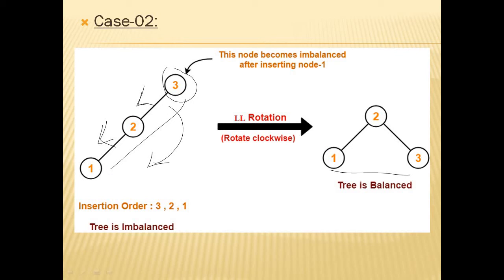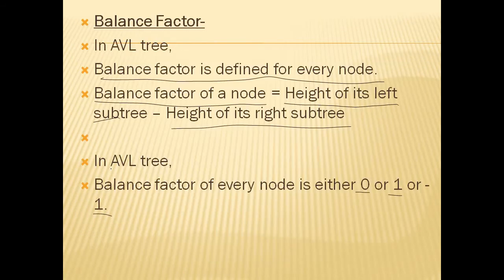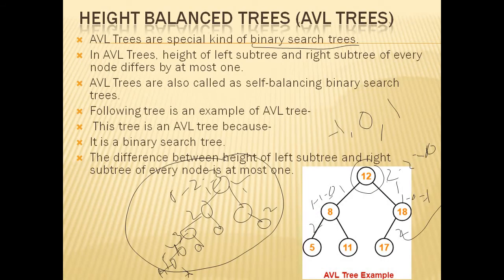So based on that, we need to apply. Assume the tree I drew earlier. When observed here, this node: 1, 2. 2 minus 0 is 2. So the balancing factor is 2. We need to balance that one. So what do we do? LL is there, so LL rotation will apply.